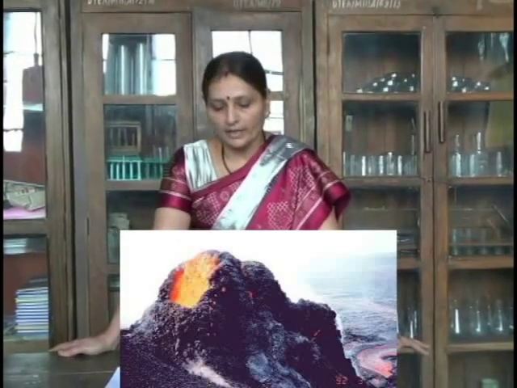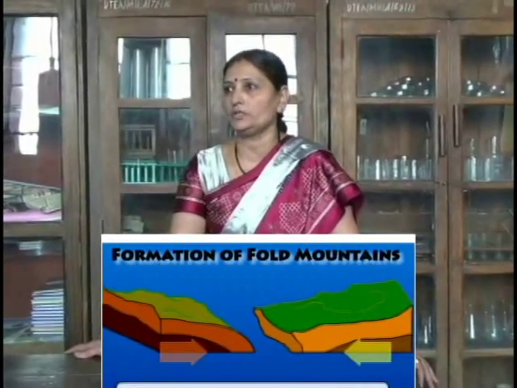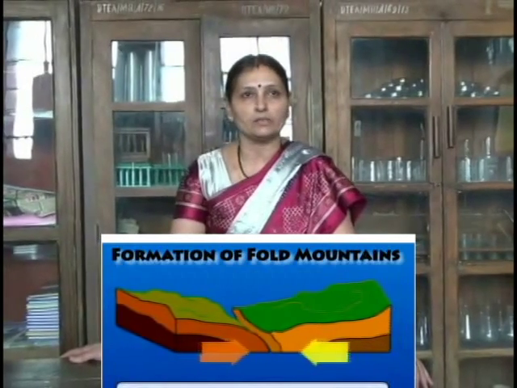There are three types of mountains: block mountains, fold mountains and volcanic mountains. Now I will explain about the fold mountains. They are formed when two tectonic plates under the earth collide with each other because of heat or some other causes.